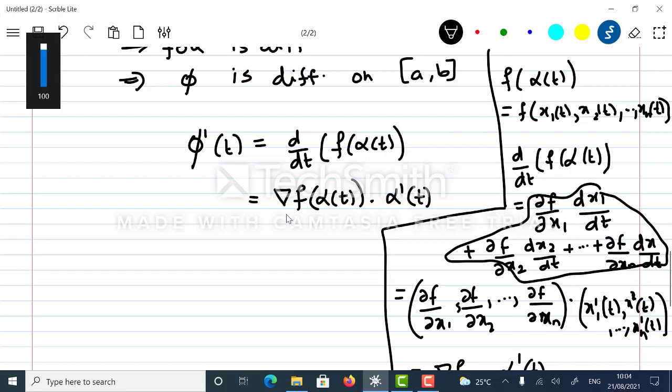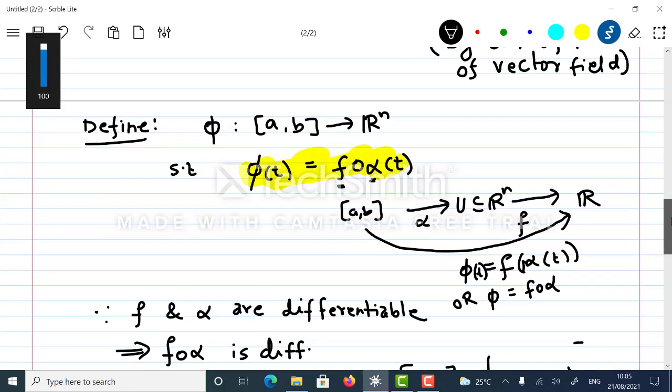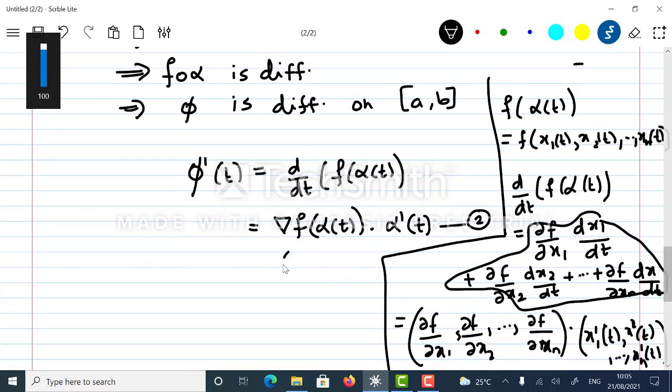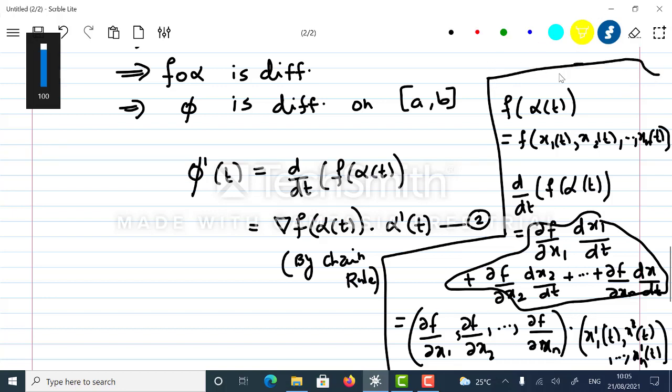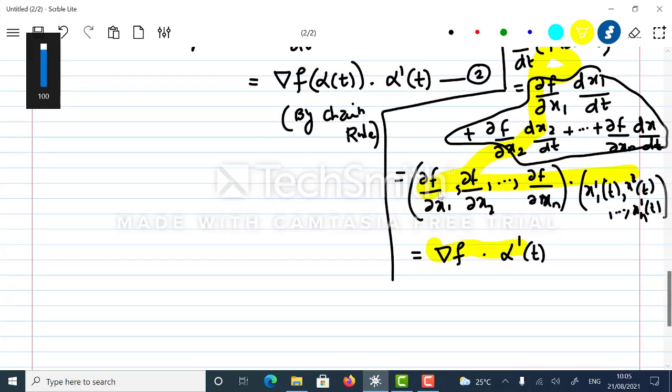Here I did not write f of alpha t, but it is understood that f is defined at alpha t. Let's call this 2, and I have defined 1. The reason one should write this is the chain rule. In the exam, whether you write the right-hand part I explained is up to you. If you have understood it directly, you may write this step straight away; that is not an issue.